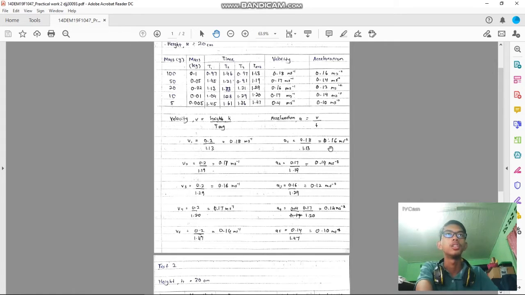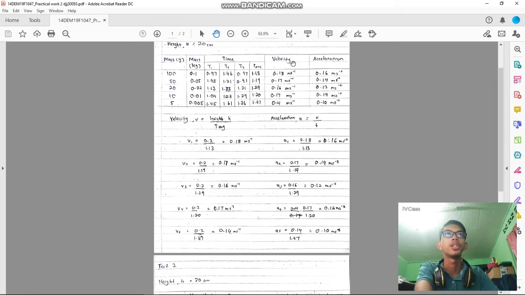And next, once we get all the velocities, we divide by the average time again, and we get acceleration. When we divide 0.18 by the average time, we get 0.16 for 100 gram, and 0.17 per time gives 0.14 meter per second squared for 50 gram. 0.16 per 1.29 equals 0.12 meter per second squared for 20 gram. 0.17 per 1.2 equals 0.14 meter per second squared for 10 gram, and 0.14 per 1.547 equals 0.10 meter per second squared for 5 gram.